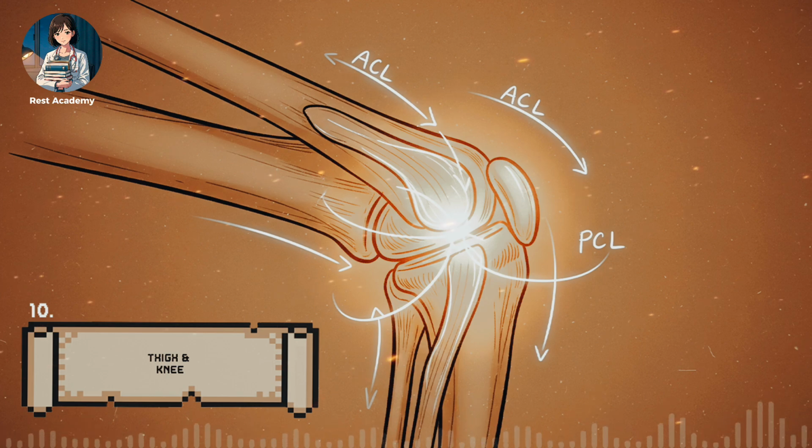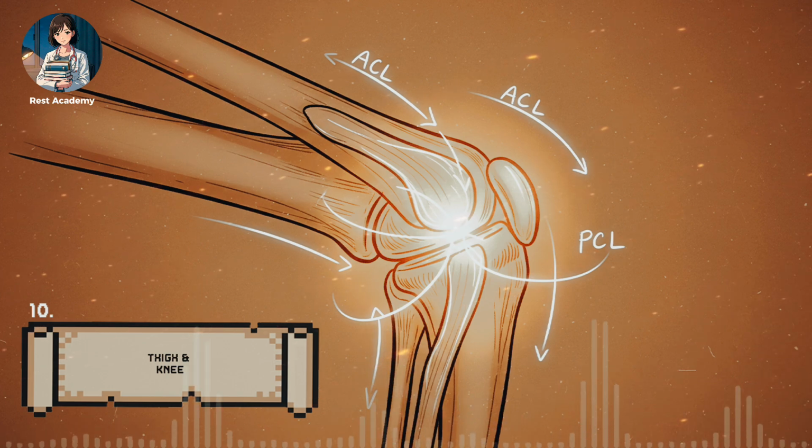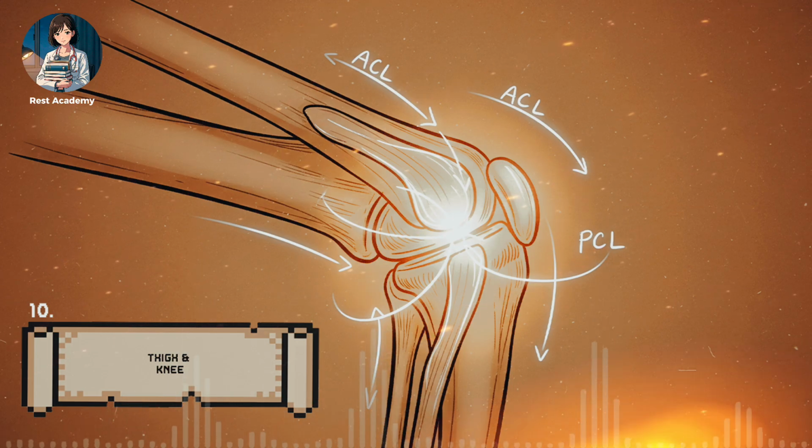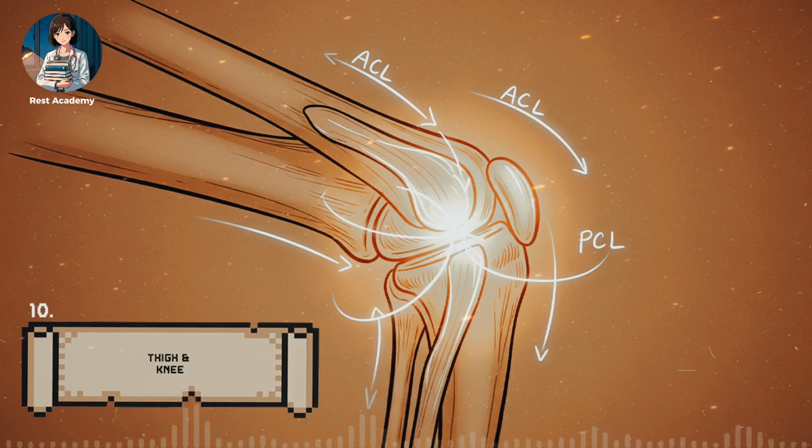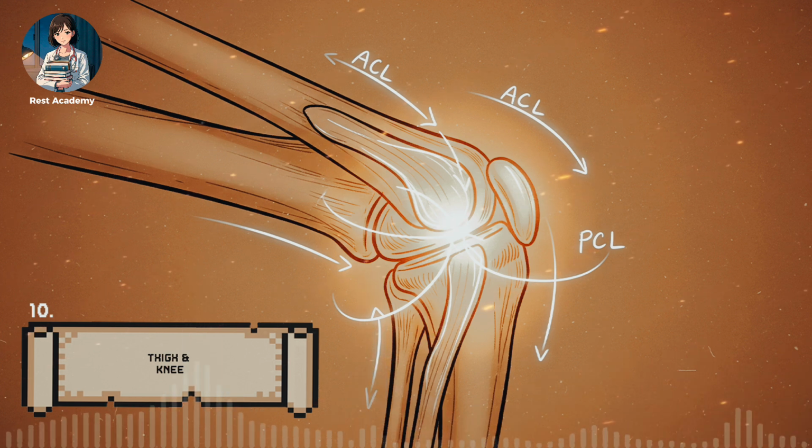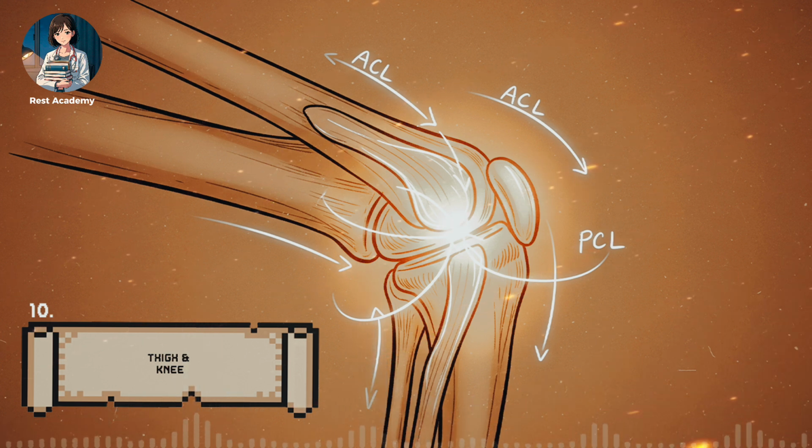At the thigh's core, three osteofascial compartments organize power and control. Anterior holds the knee extensors, the quadriceps femoris: rectus femoris, vastus medialis, vastus intermedius, vastus lateralis, and sartorius, supplied by the femoral nerve, L2-L4. Medial houses the adductors: longus, brevis, magnus, gracilis, and obturator externus, supplied mainly by the obturator nerve, L2-L4.